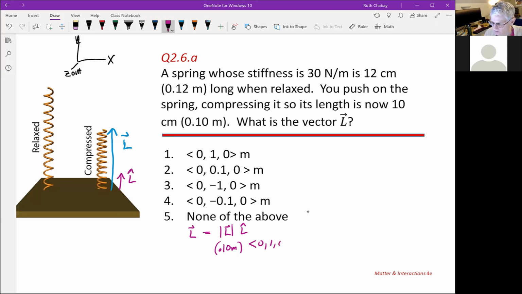So that's times 0, 1, 0. So that's going to be 0.10 meters. So if you answered 1, what question were you actually answering? Someone who picked answer 1, what is that actually equal to? So this is L. That's right. So this is actually equal to L hat. That's the unit vector. Okay, good.